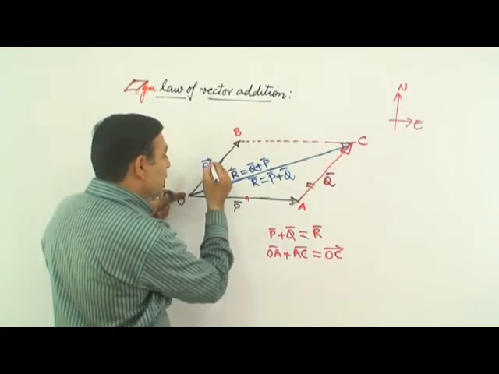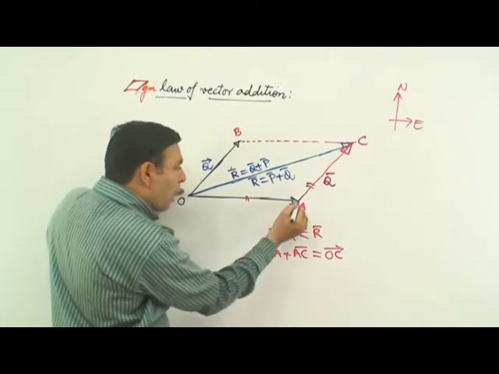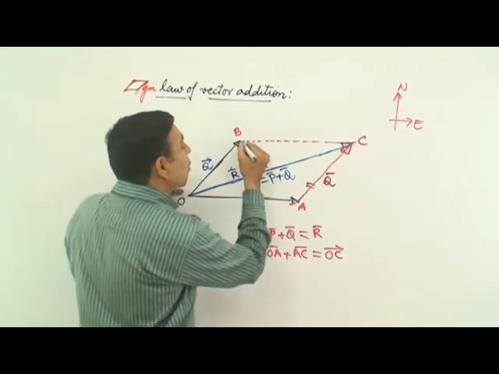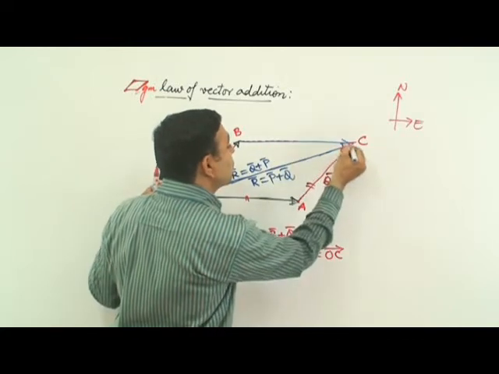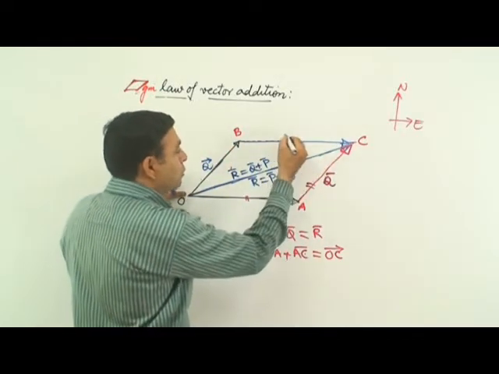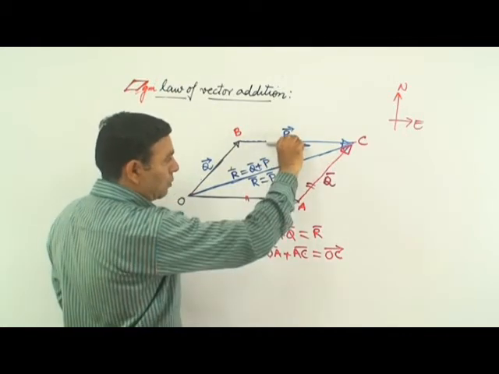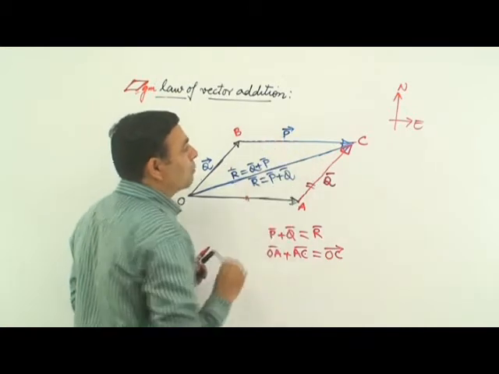Let me translate vector P now. Instead of calling OA as P, I can even call BC as P, because in a parallelogram OA and BC are equal. So this is P.